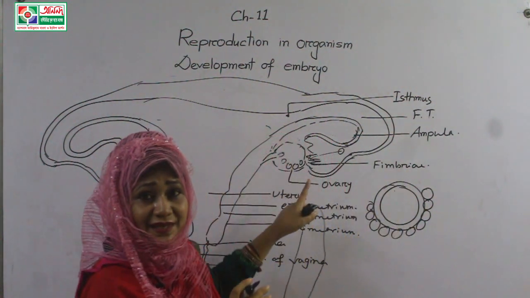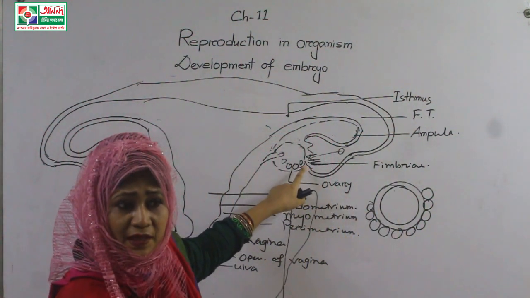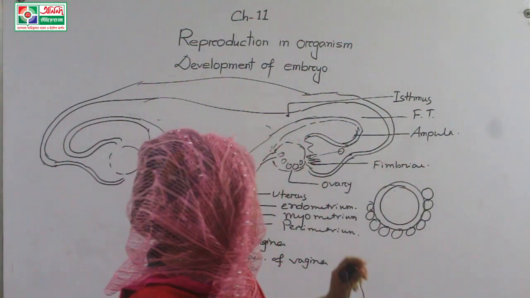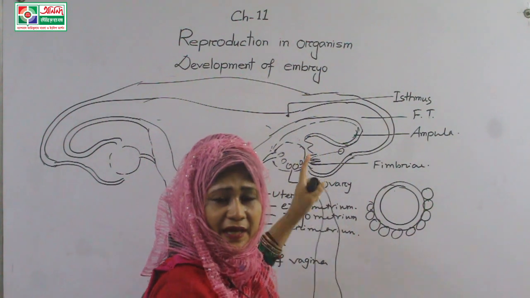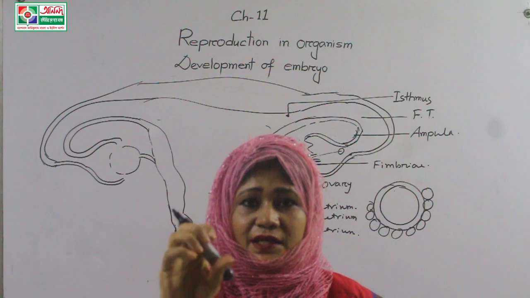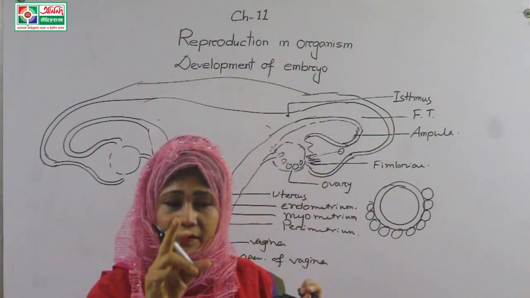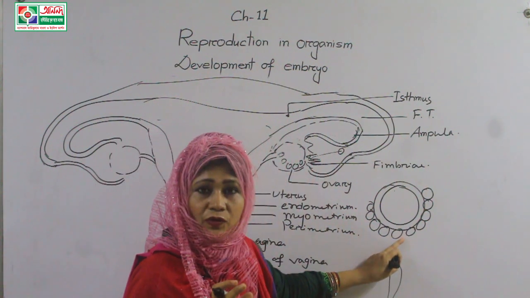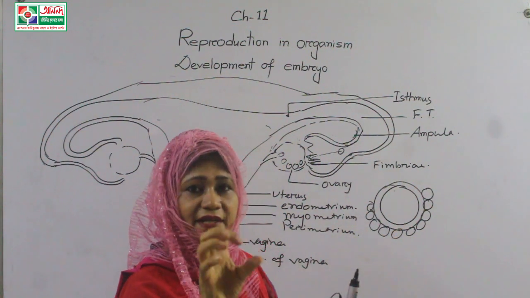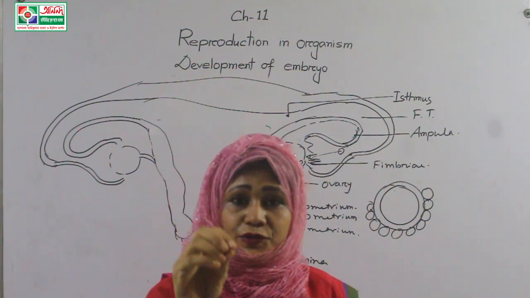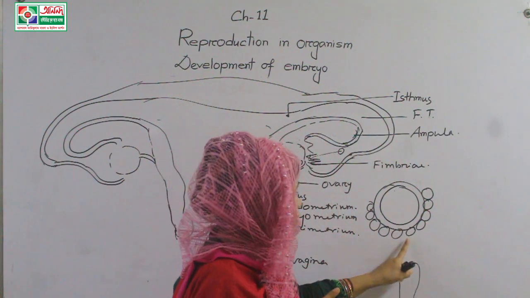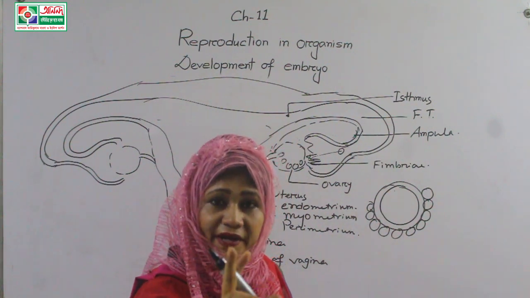Because when it comes from the ovary, it brings some granulosa cells from the ovary, and these cells tend to be radiated. That is why they are known as corona radiata. The cells tend to be radiated like this. So these are known as corona radiata.